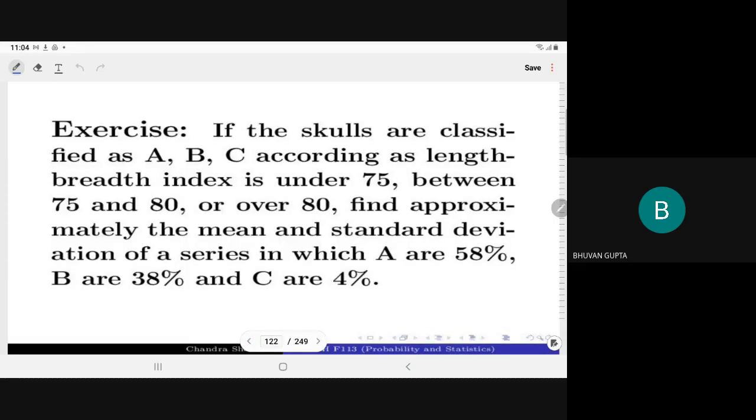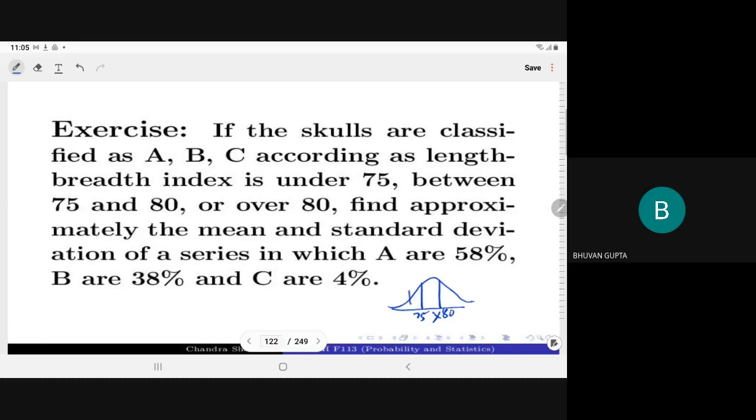If skulls are classified as A, B, C according to the length-breadth index as under 75, between 75 and 80, and over 80, find approximately the mean and standard deviation of the series in which A are 58%, B are 38%, and C are 4%. Let's say here we have X: under 75, between 75 and 80, and greater than 80.